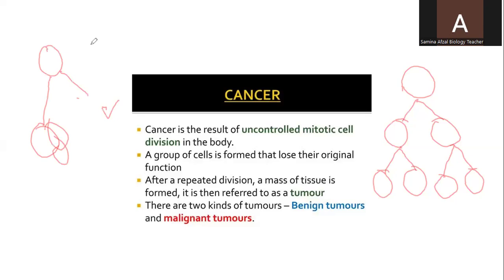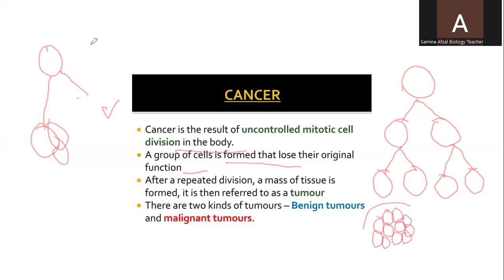So cancer is the result of uncontrolled mitotic division in the body. A group of cells is formed that lose their original function. When they are abnormally growing, their original functions are lost. After repeated division, there is a mass of tissues which are not properly functioning.